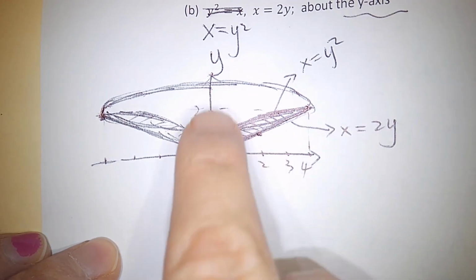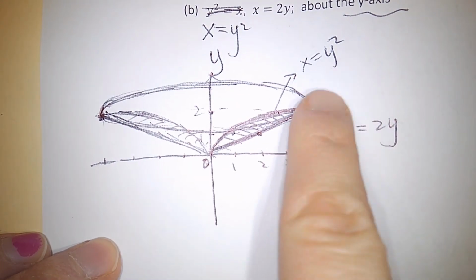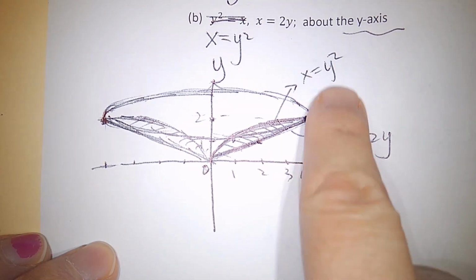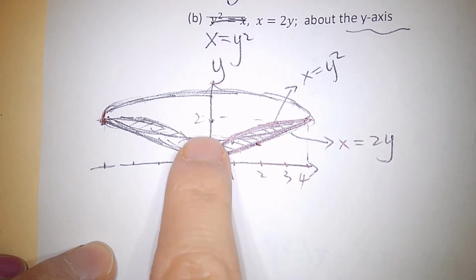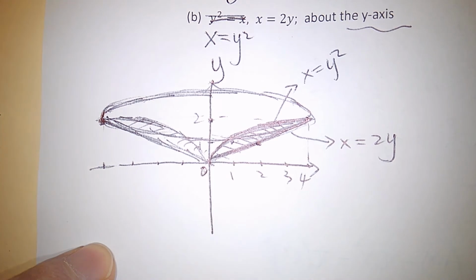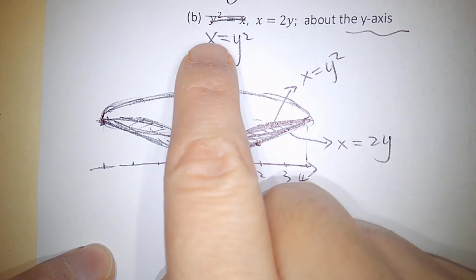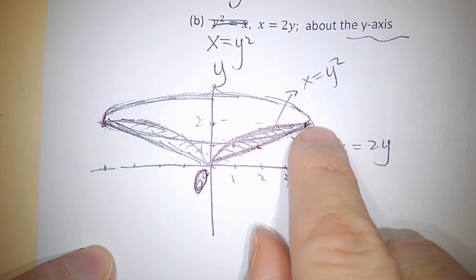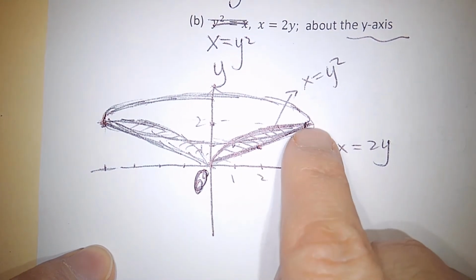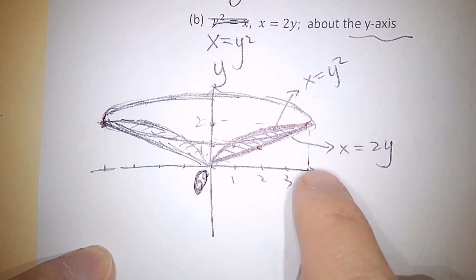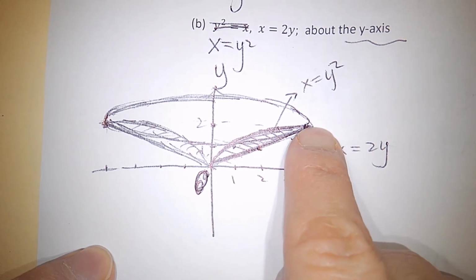Okay, so for this case, when we look at the solid vertically, our y value varies from 0 to what? This is when y equals 2, right?